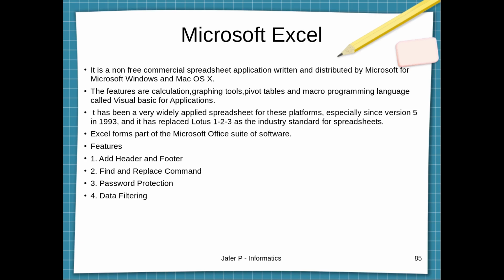Data filtering, like alphabetical order or ascending order or descending order, you can filter the data in an Excel sheet. And there is data sorting as well. I told you, sorting means ascending order sorting, descending order sorting, etc. And there is a built-in formula in Excel sheet.